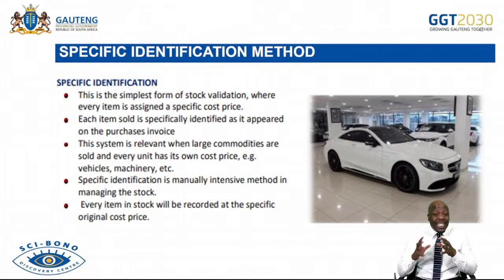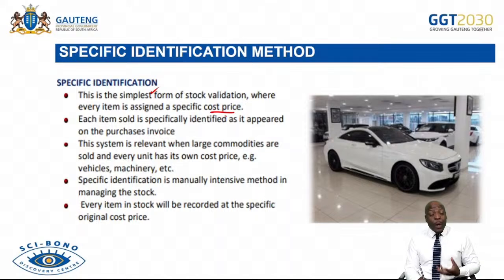Okay, what is this specific identification method? You will find that this method is the simplest form of stock valuation, where every item is assigned a specific cost price. All right, so every item is assigned its specific cost price. Each item sold is specifically identified as it appeared on the purchaser's invoice.